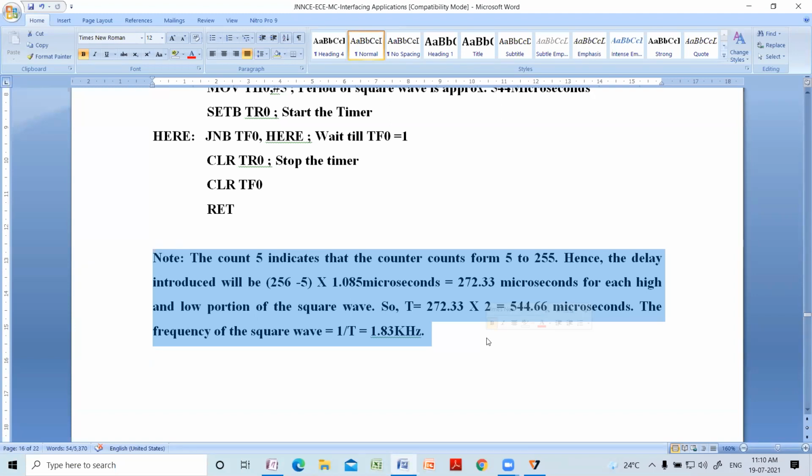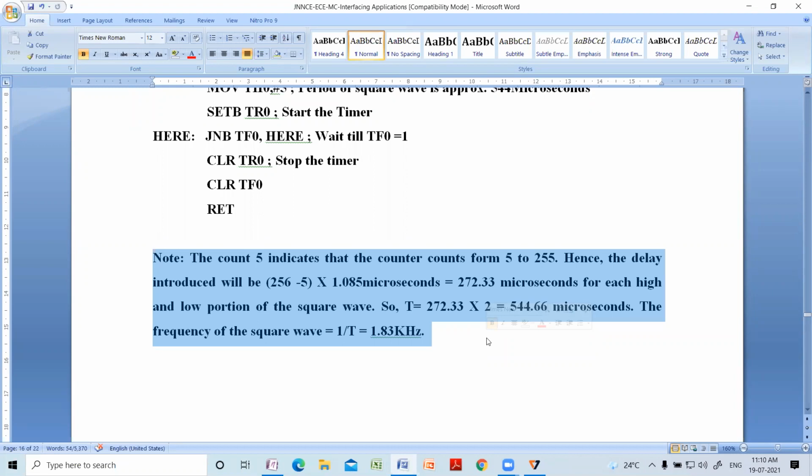So 11.0592 megahertz is divided by 12. When it is divided by 12, you are going to get 921.6 kilohertz. So one pulse width will be 1 over 921.6 kilohertz, which will be about 1.085 microseconds. That is one machine cycle.